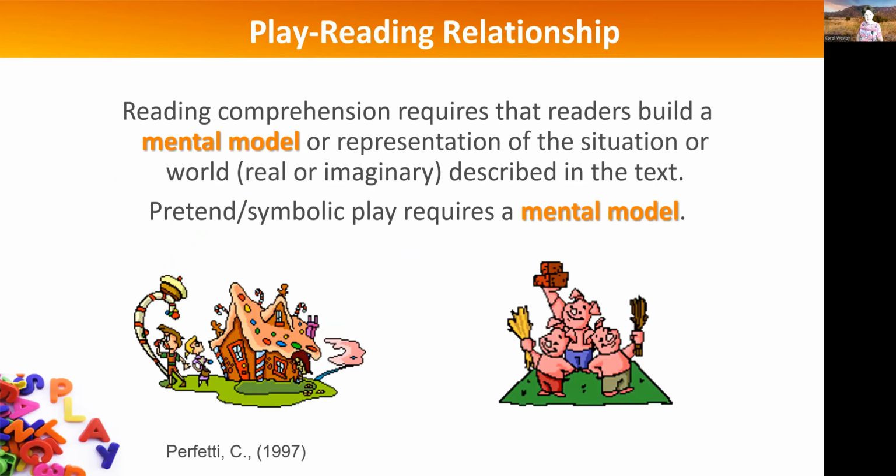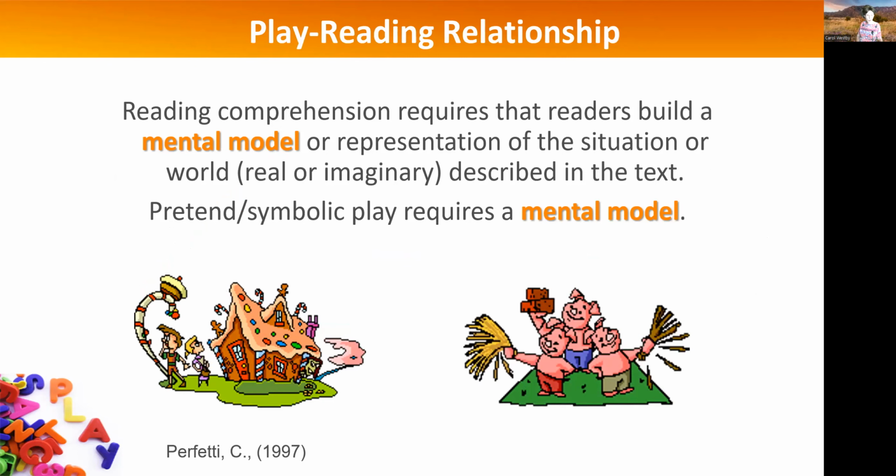Now, Perfetti has said that reading comprehension requires that readers build a mental model or representation of the situation or world, real or imagined, that's described in the text. They have to have a mental model.